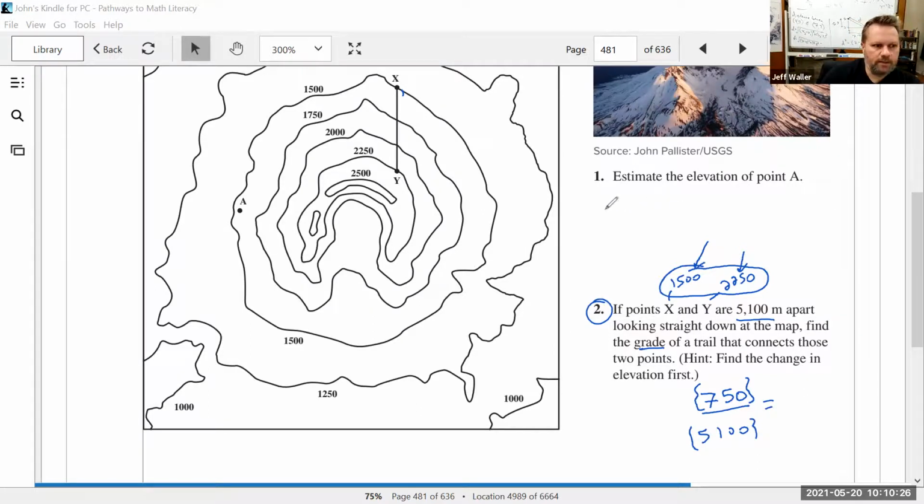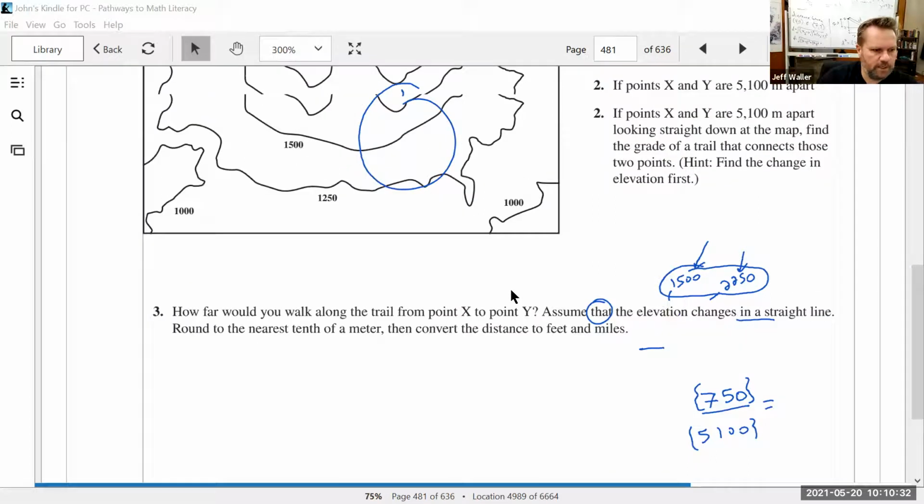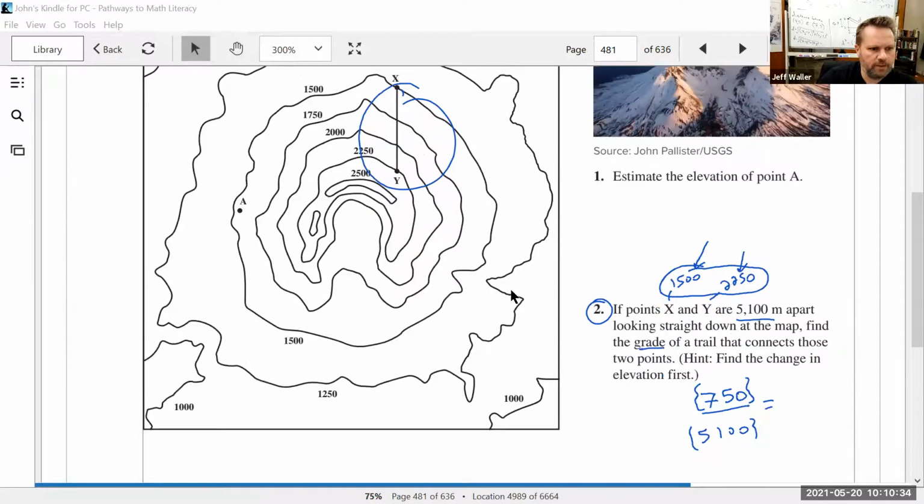If they would have given us a side view of this, which you can kind of give yourself. So here's the point X and here's the point Y, right? This is 5,100 meters apart here. And then we just figured out what the elevation gain was, 750. So what's the slope?